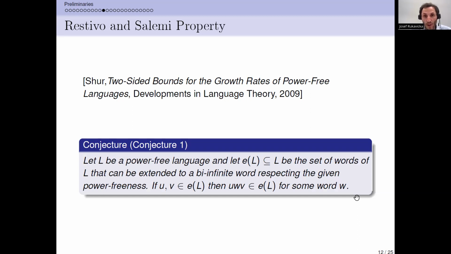If you compare it with the problems of Restivo and Salemi, here Schur considers explicitly bi-infinite power-free words, so this is one difference.